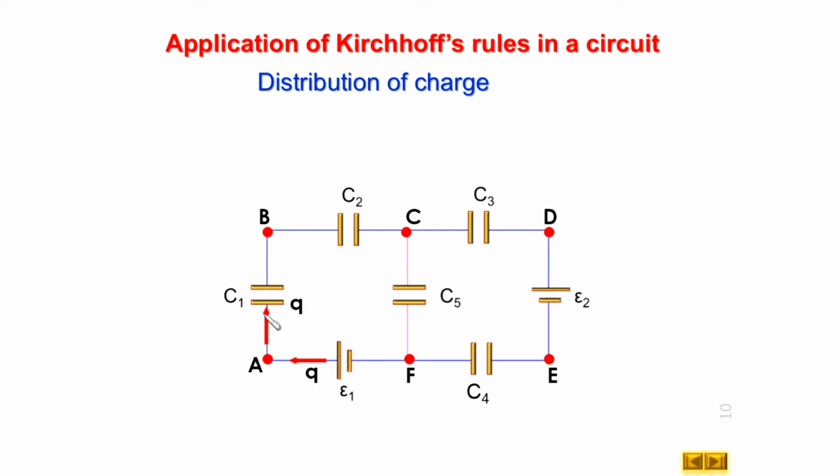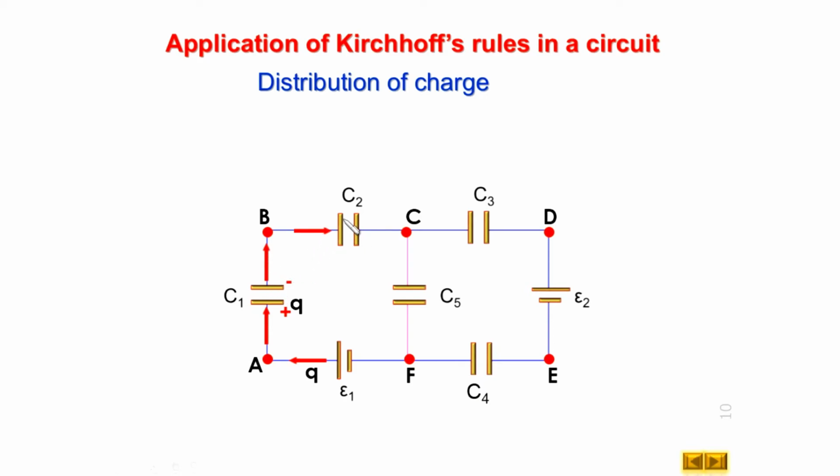Now it is getting the charge Q. That means the charge on the plate should be equal to plus Q, so this plate is going to be positively charged. And we know about the capacitor, facing plates have equal and opposite charge. That means the charge on this plate should be minus Q. Now this is a negative charge, so we can make the arrow coming out of this plate like this.